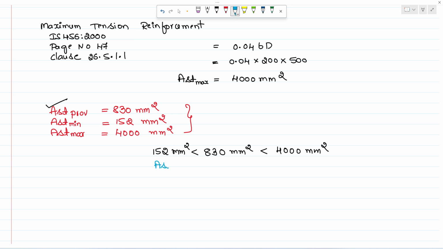So you can write like this. This is AST minimum, this is AST provided, and this is AST maximum. So final comment is, provided reinforcement area should be greater than the minimum and less than the maximum.